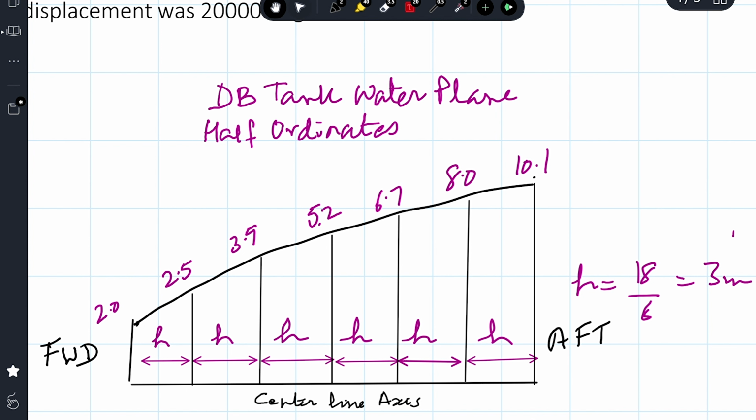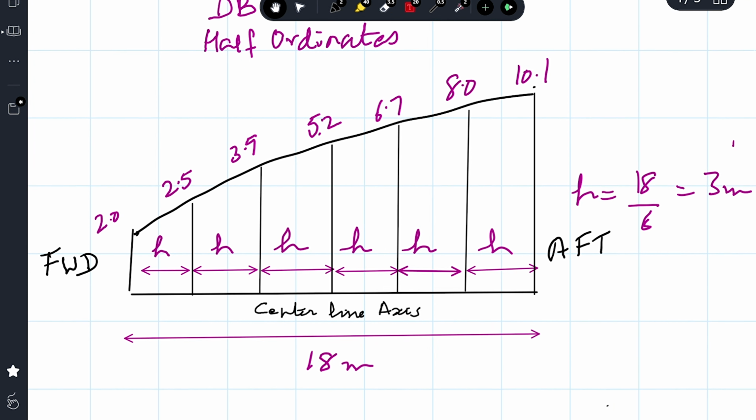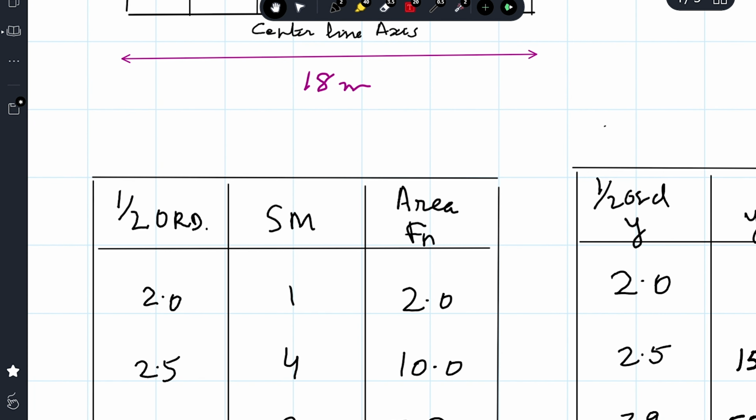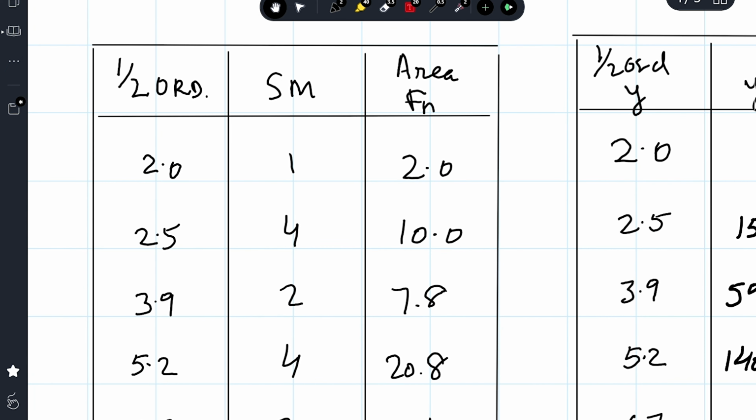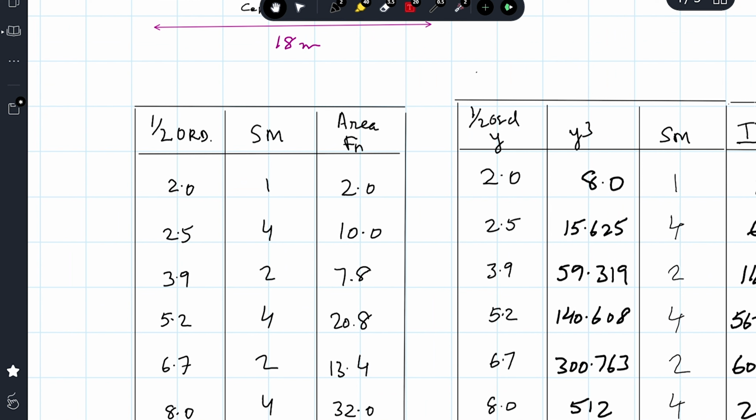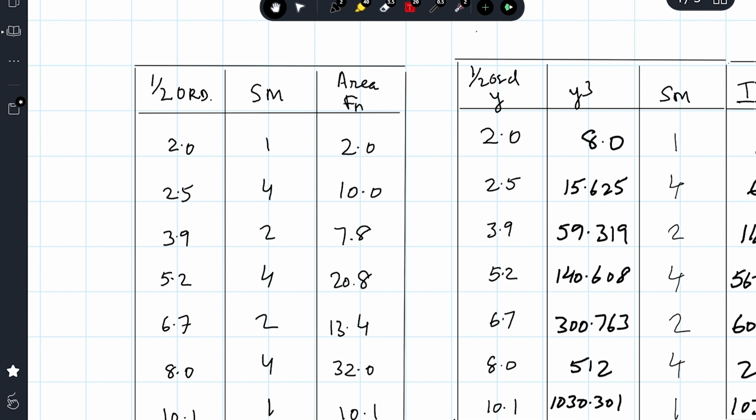Okay, first we will find the area. I have divided this in two parts. This box is for the area, and this box will be for the moment of inertia. So for area, we just write down the half ordinates in a tabulated manner from forward to aft.